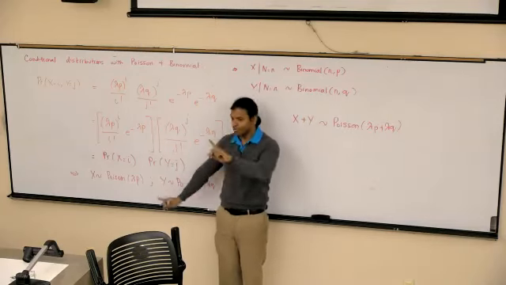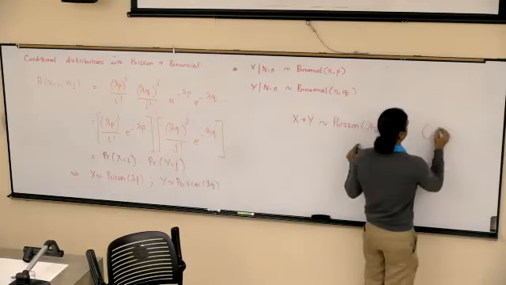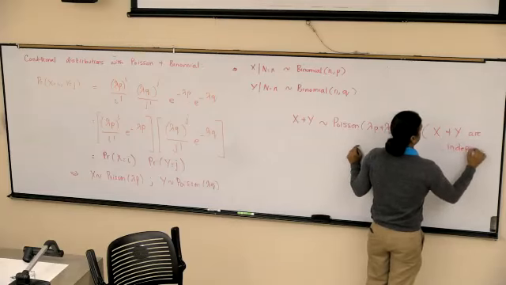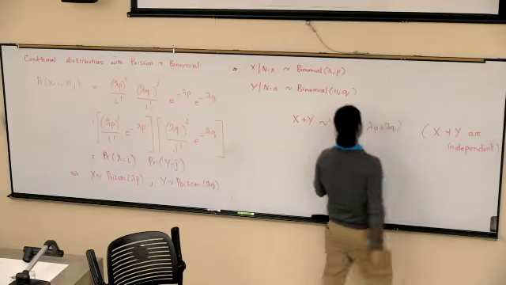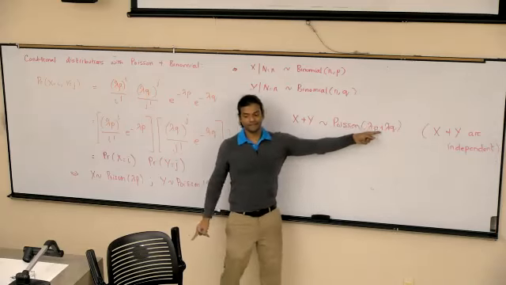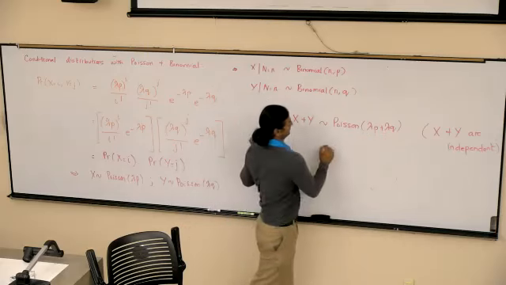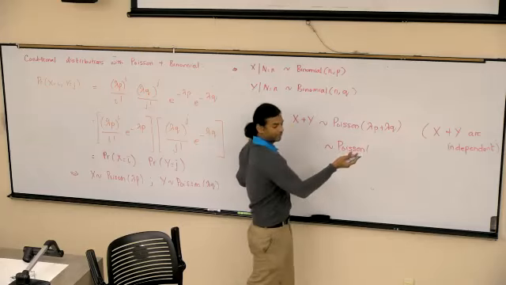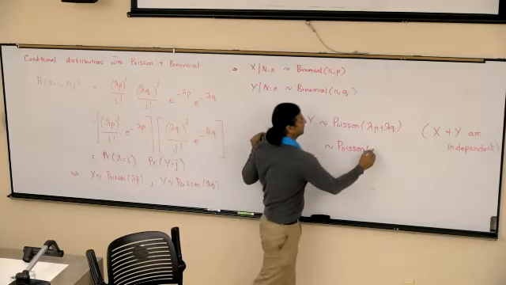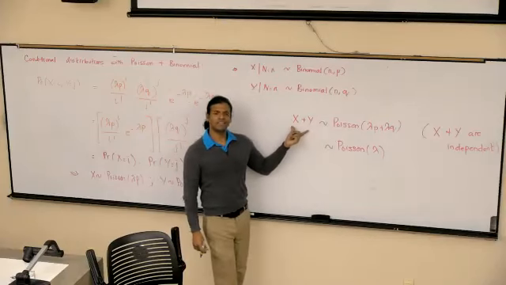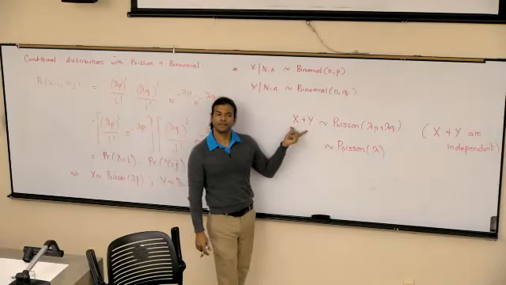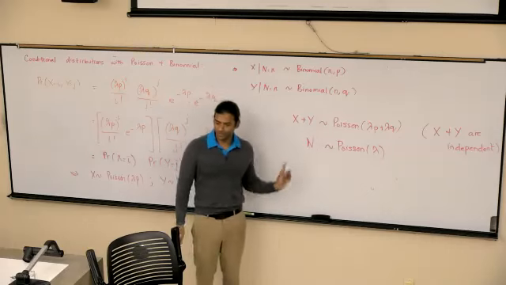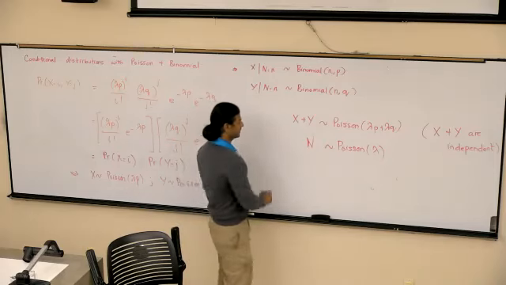And we just showed x and y are independent. What happens to that term? Factor out the lambda, p plus q is 1. This would reduce to lambda. But what is x plus y then? So it satisfies our original assumption.